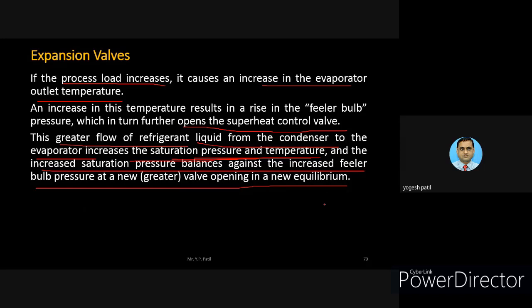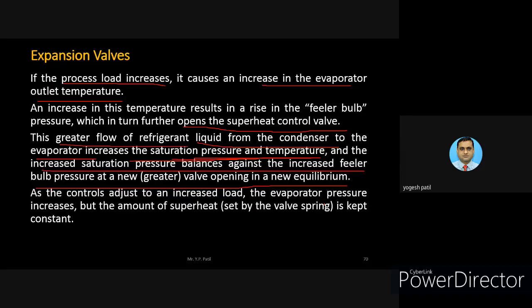So this is a complete closed loop, where one part affects the other part. It happens the same way when the pressure valve gets opened; that increases the pressure and temperature inside the evaporator. As the control adjusts to the increased load, the evaporator pressure increases, but the amount of superheat is kept constant.